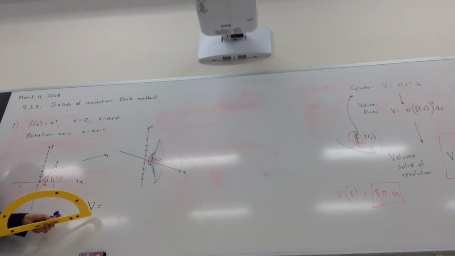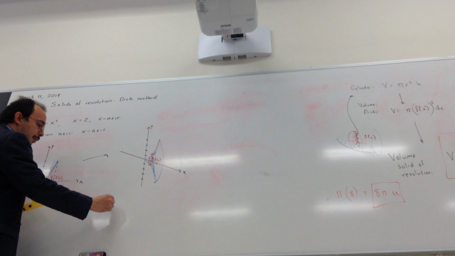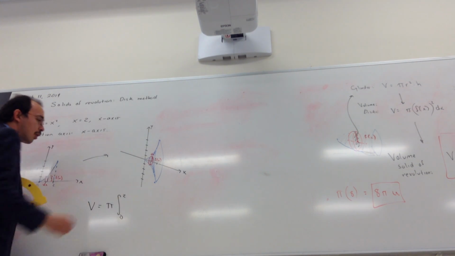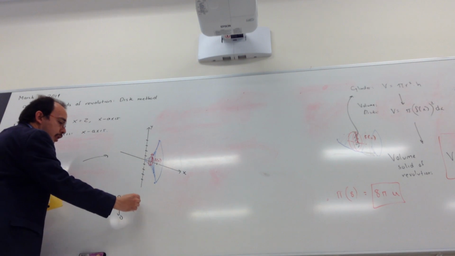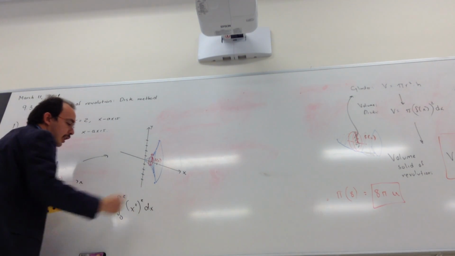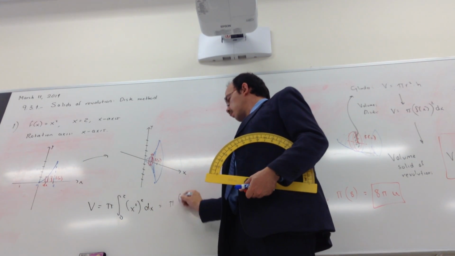Okay. What's the volume then? Pi integral from 0 to 2 of what? X squared to the square dx. Sería ya saltando pasos x a la quinta.